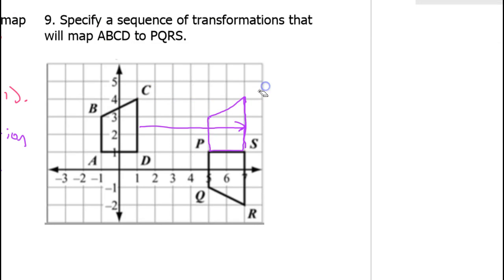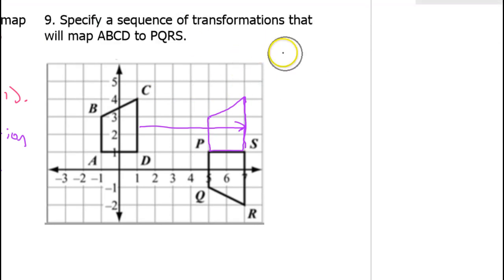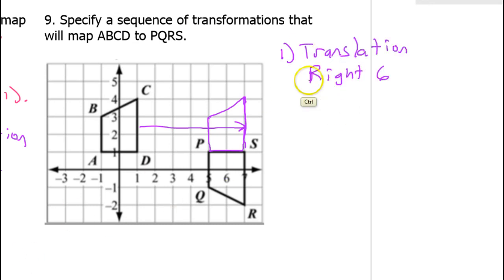So that's transformation number 1, a translation right 6. Now, hopefully you can see that this purple trapezoid is a mirror image of this black trapezoid underneath, with this as the reflection line.